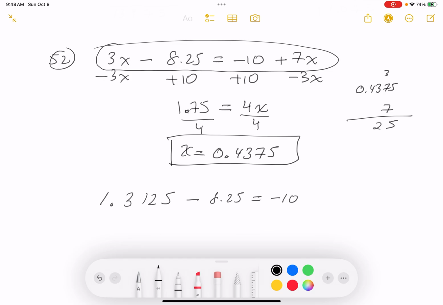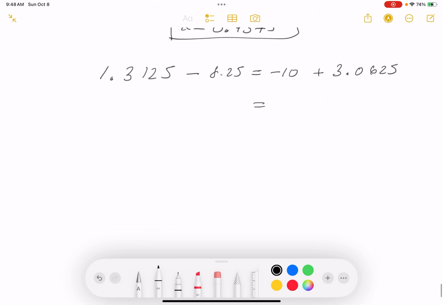So you get 52. 21, 26. 28, 30. So what do you get there? Let's see if I did that right. Yeah, I did okay. So it's going to be plus 3.0625. Wow. This looks tough.